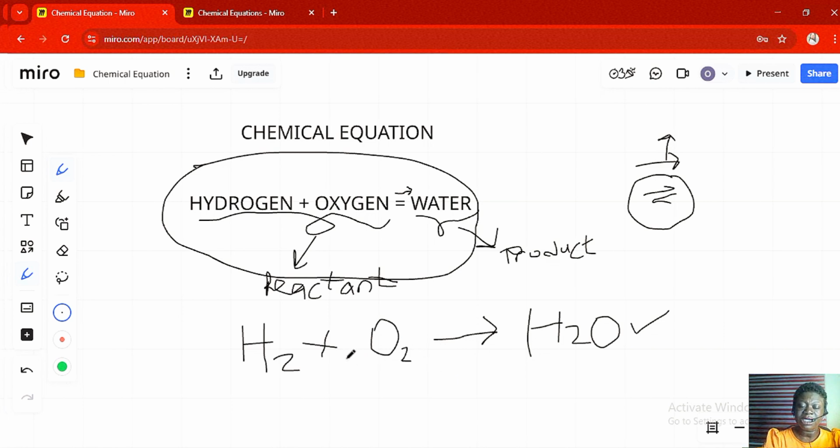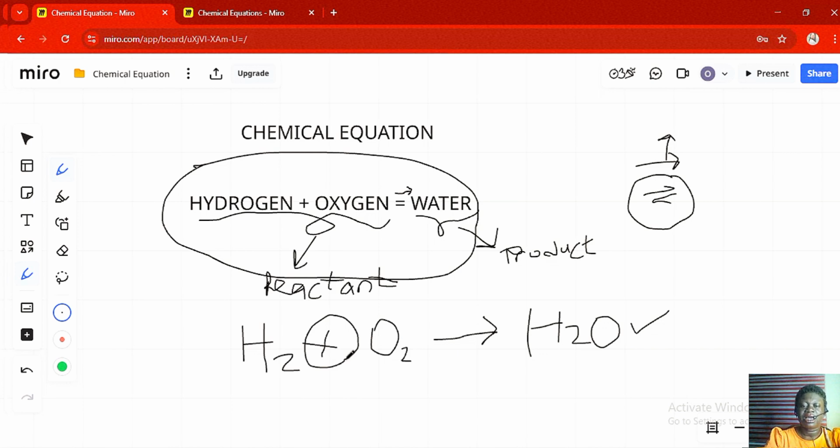Now, this plus here holds either the products or the reactant, sorry. So when you have more than one compound or more than one element at the reactant side, you put a plus. When you have more than one element or compound at the product side, you put a plus.